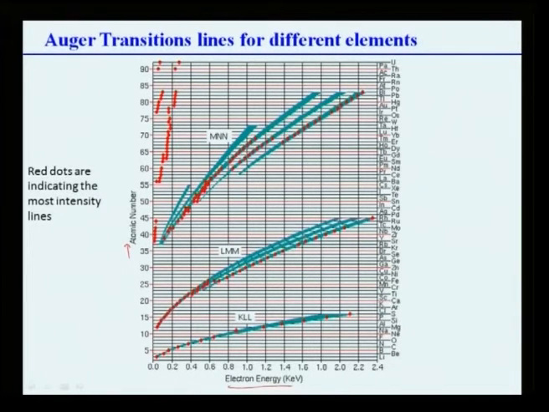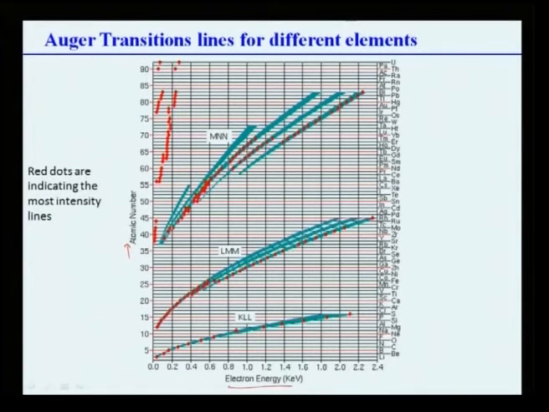So I could see here we can observe KLL transitions till sulfur, because the energy levels are small and the atomic numbers are small. As you go on, we can observe LMM transitions from atomic number about 12 to about 40, and then MMN transitions at higher atomic numbers, starting from 37 to about 84, 85, and so on.